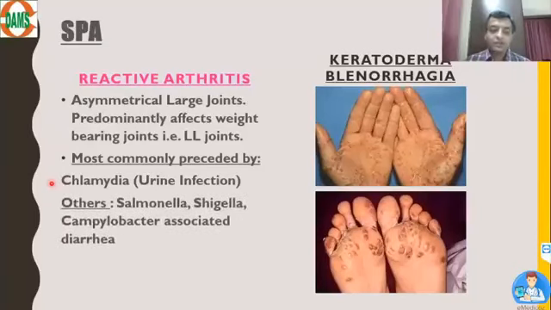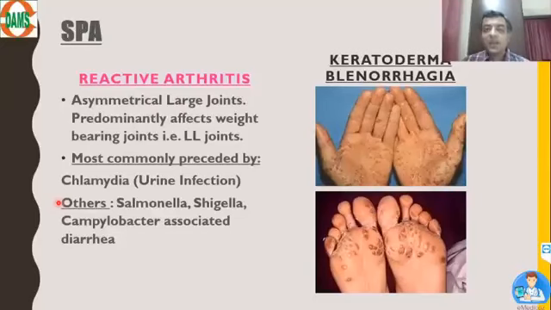It can also be seen with Salmonella, Shigella, Campylobacter associated diarrhea. In reactive arthritis, lower limb joints, meaning ankle and knee, are more commonly affected.